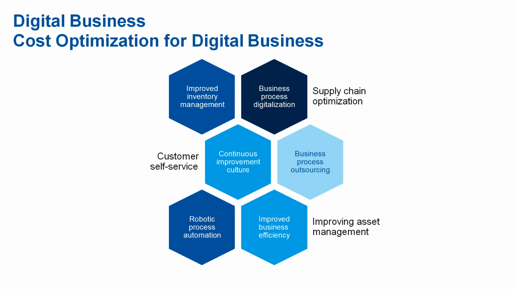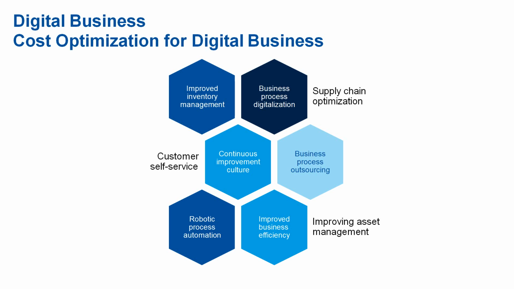And for this, digital business can only help. When I say digital, it is just the digitization of data. Digital business can get into supply chain optimization if we have proper data, and improved inventory management, where unnecessary threshold values and unnecessarily used inventories can be avoided, and continuous improvement.